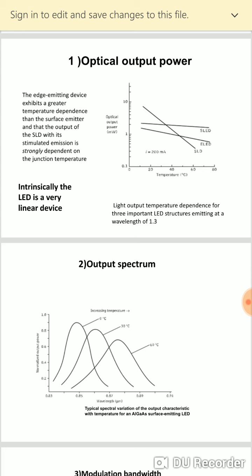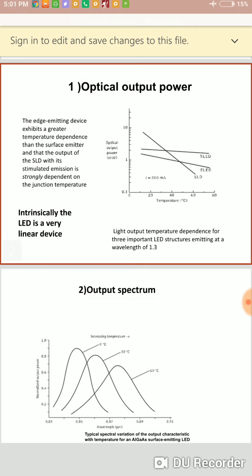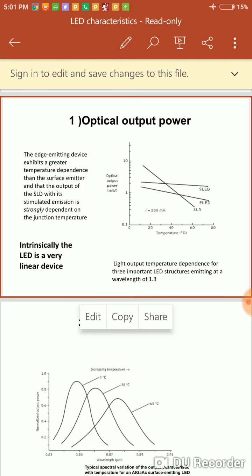That graph is not linear. We have seen that the laser emission will not start until the input signal is greater than the threshold current. Once the input signal is greater than threshold current, the light emission starts. So we say that laser is not a linear device.